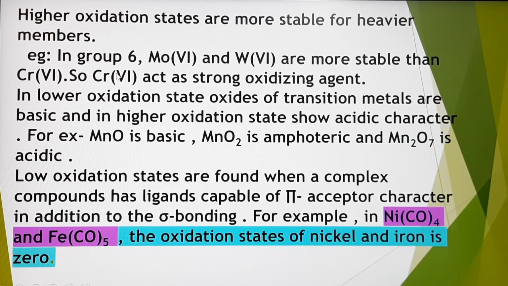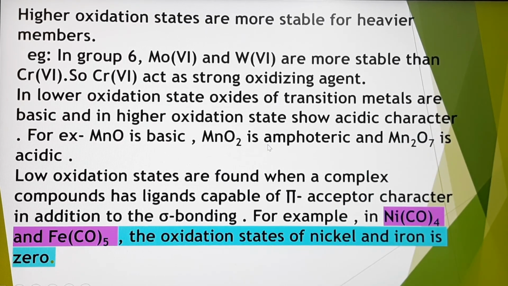For example, in group 6, molybdenum and tungsten in the +6 state are more stable than chromium in the +6 state. Therefore, chromium +6 acts as a strong oxidizing agent.